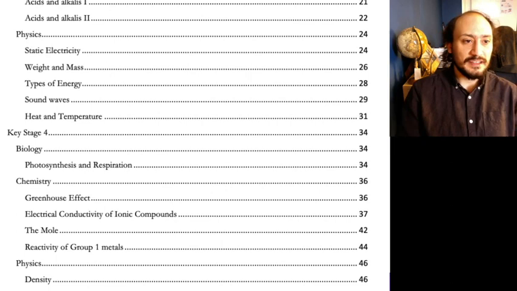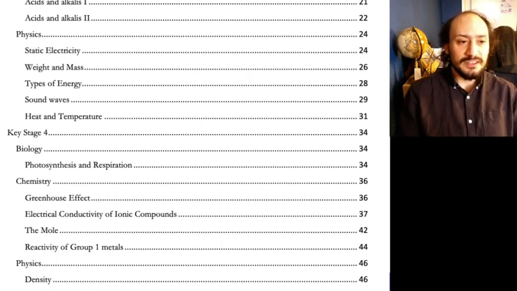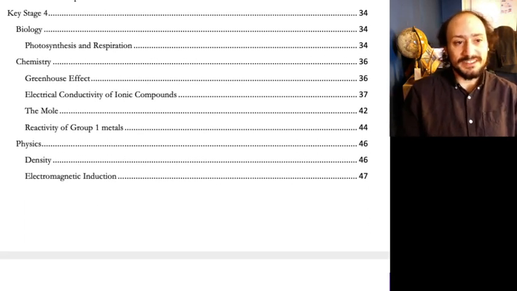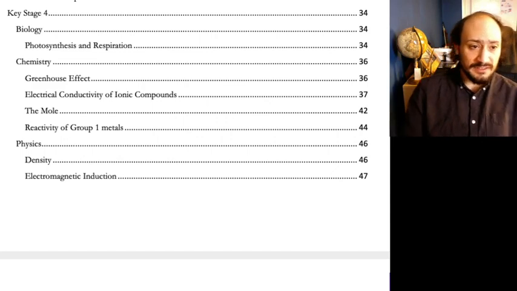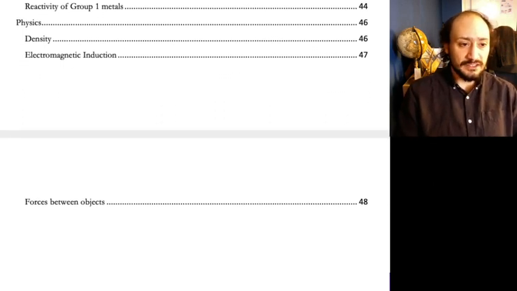Physics: Static Electricity, Weight and Mass, Types of Energy, Sound Waves, Heat and Temperature. Key Stage 4, Biology: Photosynthesis and Respiration. Chemistry: Greenhouse Effect, Electrical Conductivity of Ionic Compounds, the mole, Reactivity of Group 1 metals. Physics: Density, Electromagnetic Induction, Forces between Objects.